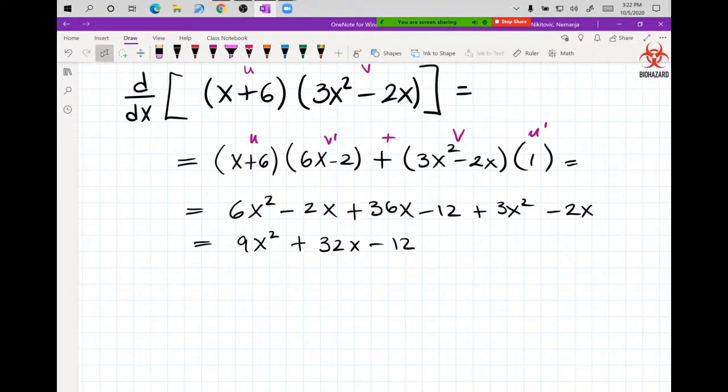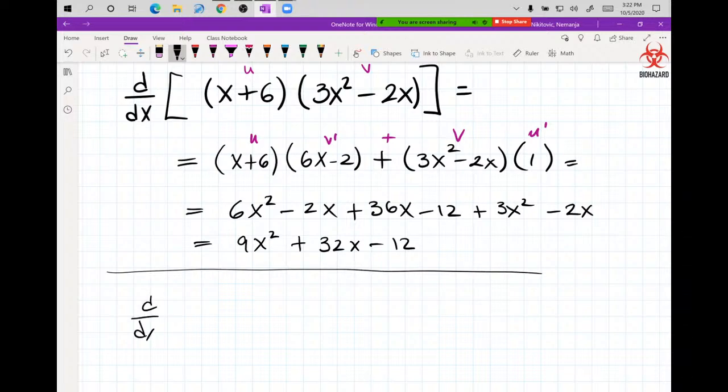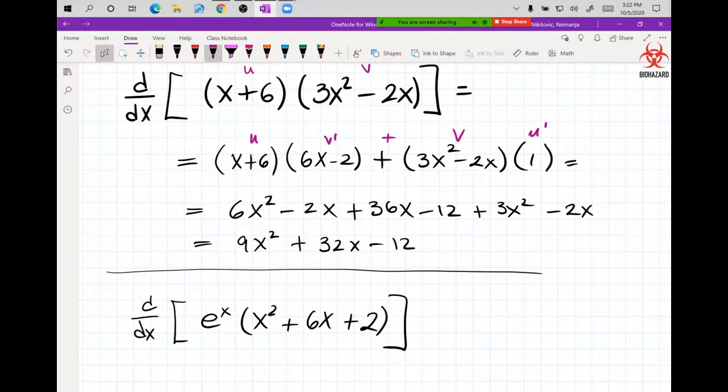But then this next problem, right, where I introduce e to the x, is going to make a difference. So try this one. And you're using the same idea where this is your u, this is your v, or f and g, whatever formula you want to follow. Try this one on your own.